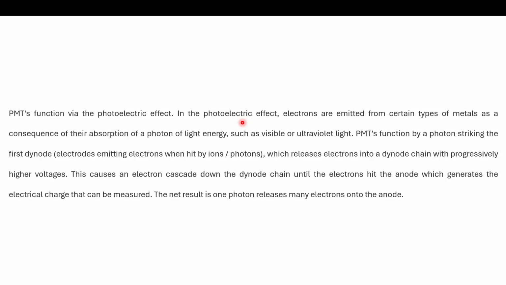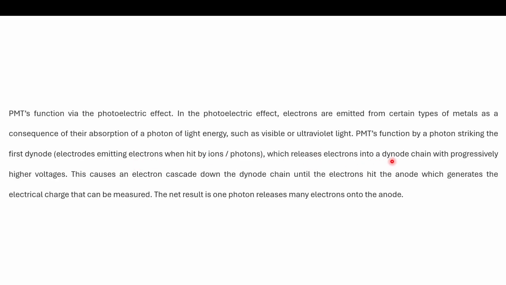In very simple terms, electrons are emitted from the surface of certain types of metals because they absorb a light packet, or a photon of light energy such as visible or UV light. Now PMTs function by a photon striking the first dynode. Dynodes are basically electrodes which emit electrons when they are hit by a packet of light energy.